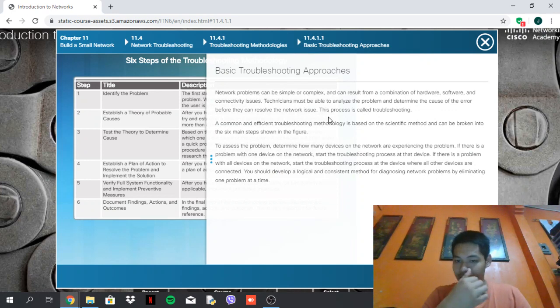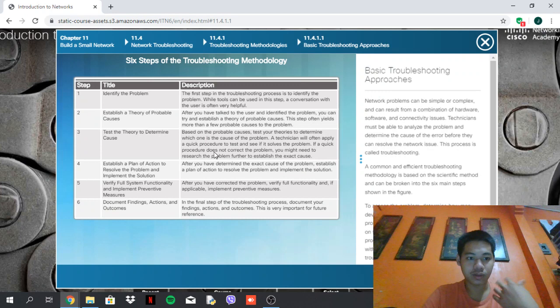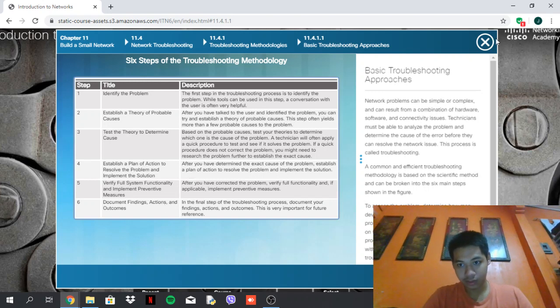Also, you should analyze the problem and determine the cause of the error before you can solve the network issue. For example, identify the problem, establish a theory, test the theory to determine the cause, establish a plan, verify full system functionality, and implement preventive measures and document findings, actions, and outcomes.